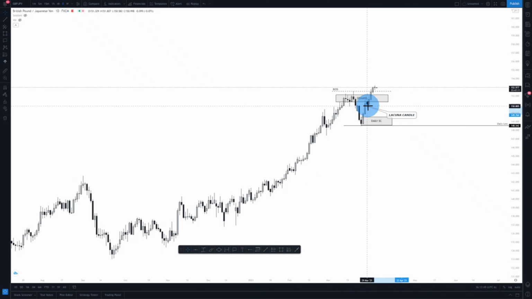So probably the market can come to this point to mitigate the 50% of the lacuna candle, or it can also come to our SC because there is inefficiency lying over here. So the market can do a lot of things, but as long as we have an idea that the market must come to this point before it may go up, that's what gives us a clear mindset.